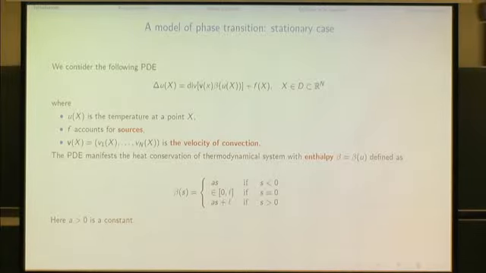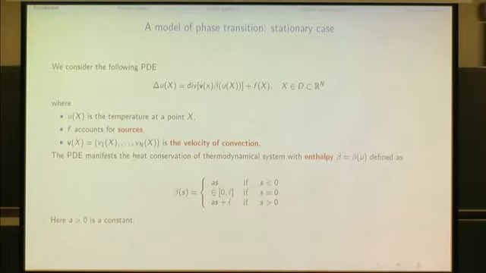Okay, so basically this is going to be the main equation that I'm going to consider, and here the interpretation is that U is the temperature at the point X, F is present here on the right hand side, it accounts for the sources or sinks, and V is the velocity of convection.